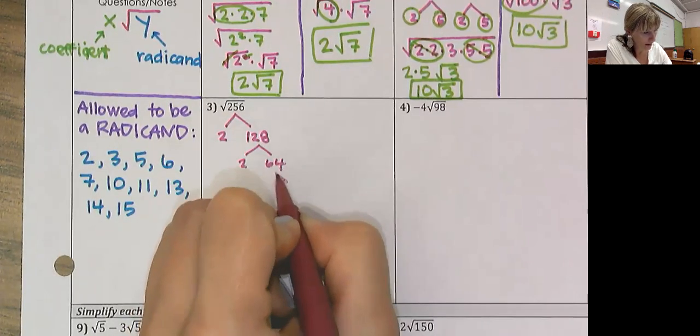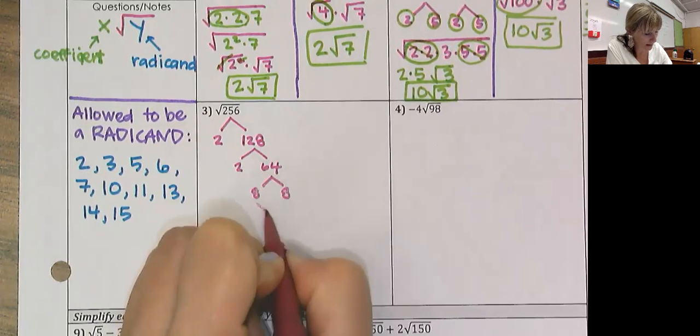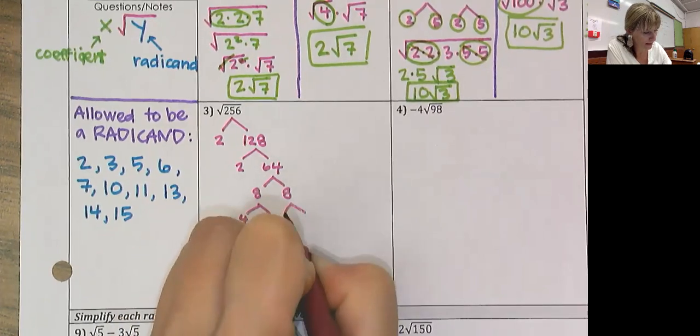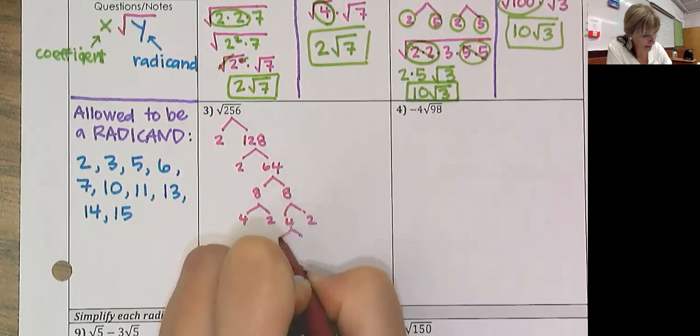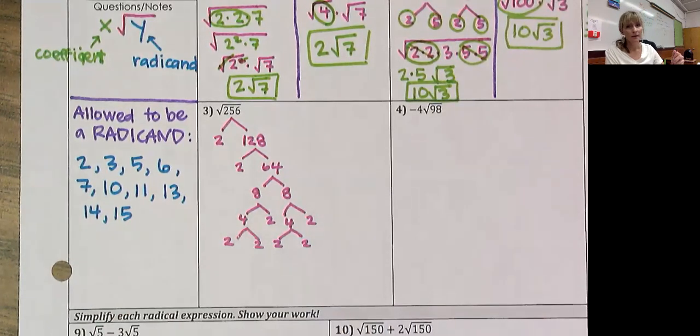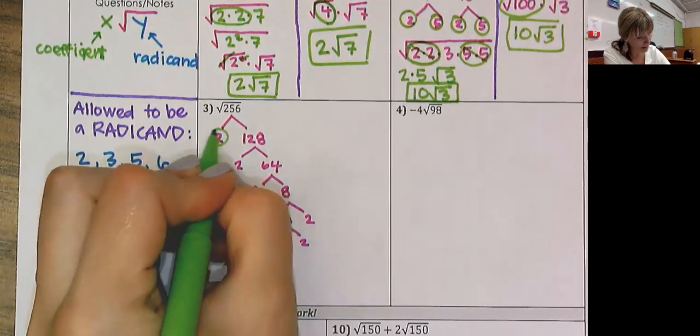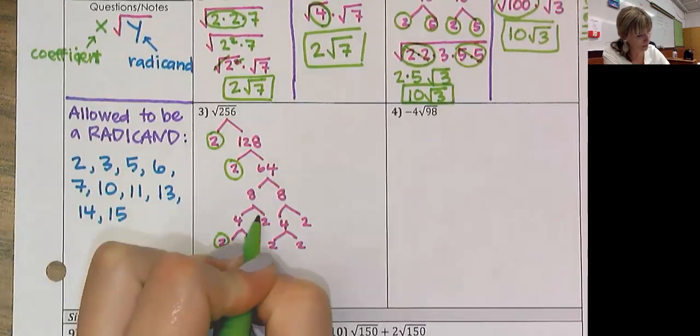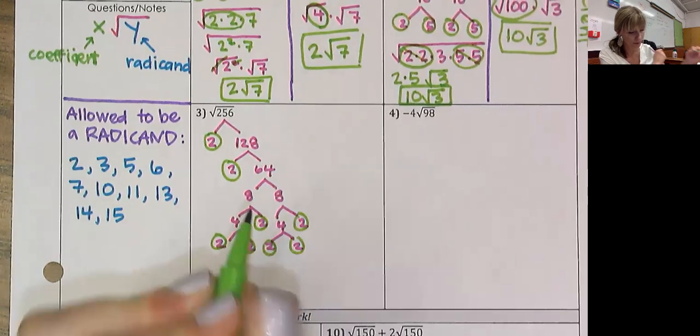I can go, okay, this is 8 and 8, and this is 4 and 2, and this is 4 and 2, and this is 2 and 2 and 2. Okay, this is a big tree. Sometimes you get these big numbers, and this is why factor trees can be a little tedious. And then sometimes even if you go through the whole thing, sometimes you miss a factor, so be careful of that.